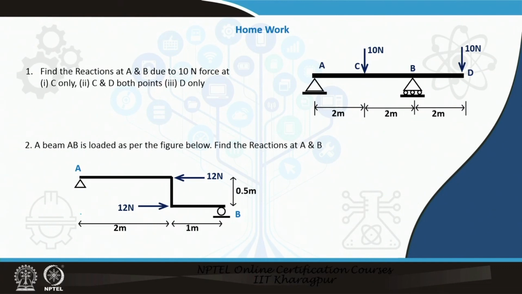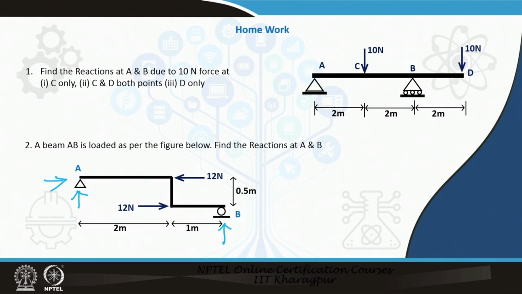Now you see, A will have both reactions, that means it will have reactions in the horizontal and the vertical directions, and B is a roller. So it will not have any reaction in the horizontal direction, it will have the reaction in the vertical direction.